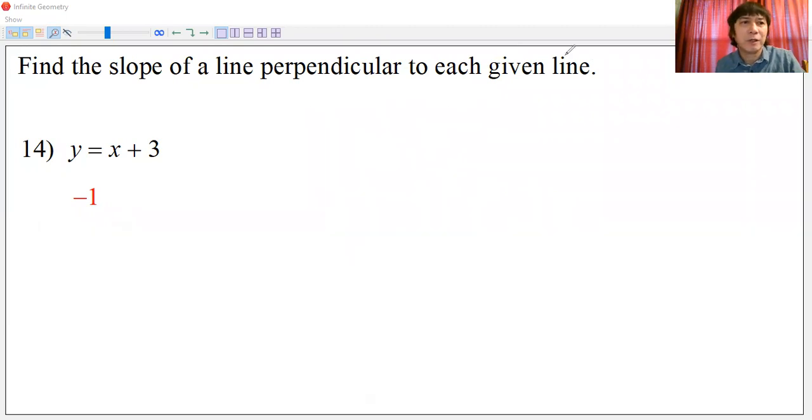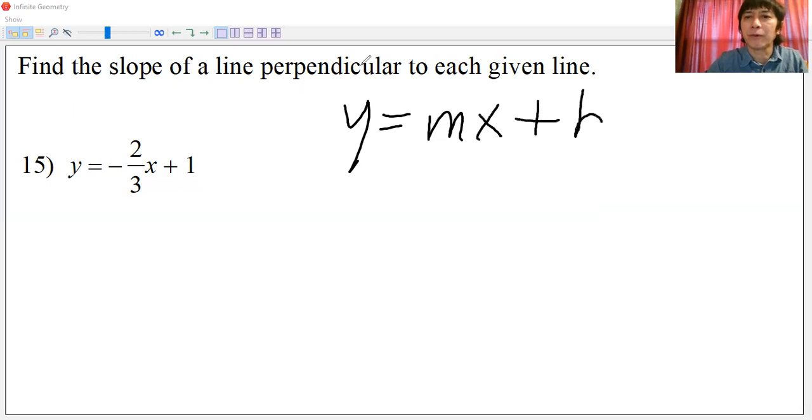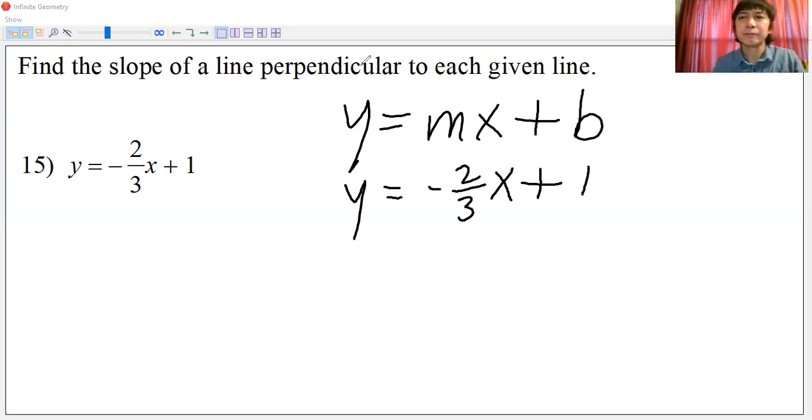Let's have the next. We're doing number 15. Here is number 15. We have a fraction here, negative 2 over 3. There's the formula. Our slope here is negative 2/3.